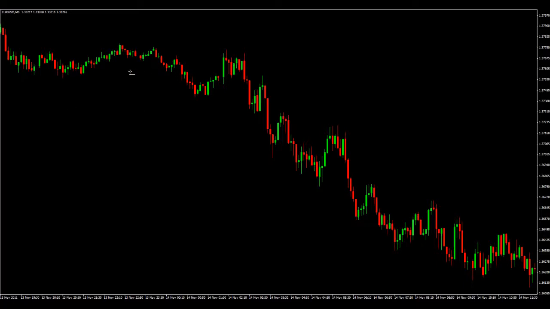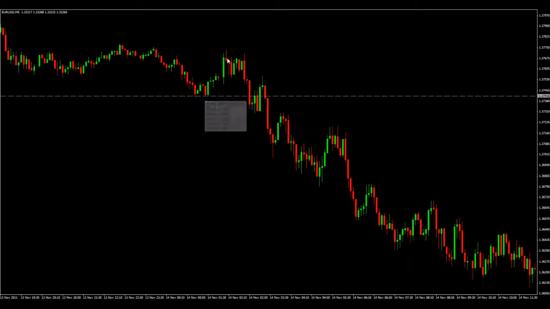So the one thing that I'm looking for with the levels is what's sticking out in the market. What's a clear support and resistance level? So the first thing that I see on this chart is this level right here. Now the reason that I'm picking this level as a support level is we've seen price come down and immediately come back up and kind of bounce off that level, as you can see.